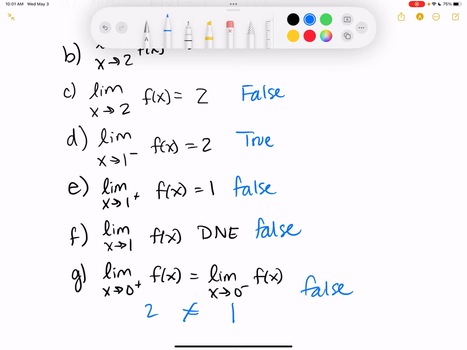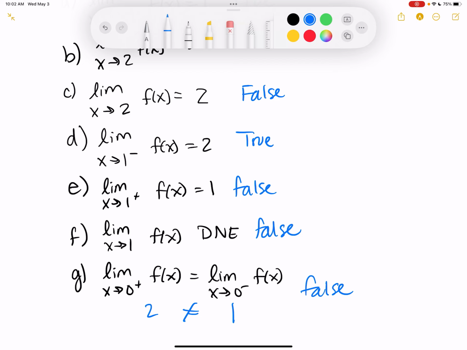So 1 from the left would be, this is just a dot here. That was confusing. So 1 from the left, though, is still going to be 2, because of that one dot right there.